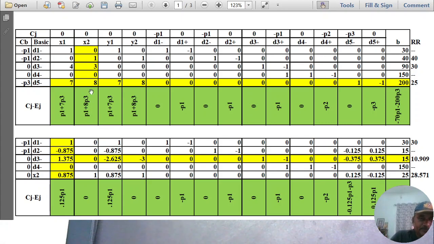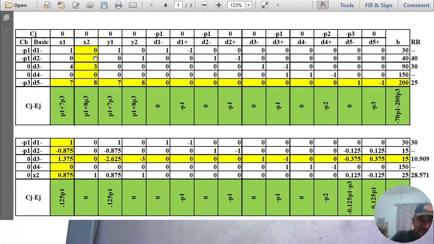Therefore you take this as the key column, then the replacement ratio, which is the ratio of b by key. Here I get the minimum replacement ratio for D5 minus, and that happens to be the key row, and this is the key element, right?